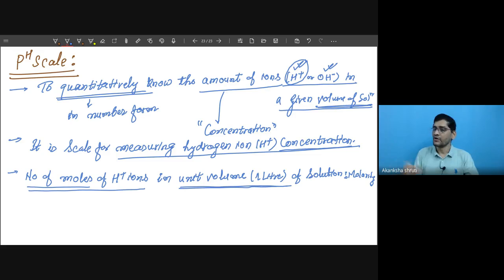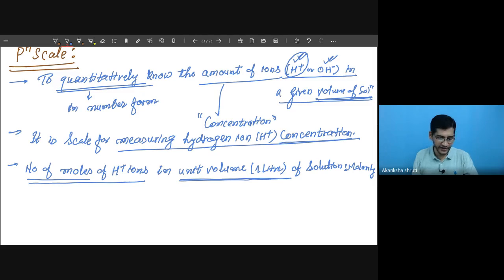If more moles of hydrogen ion are produced, then its pH value is taken as less. Why? Because the definition is taken on the logarithmic scale.